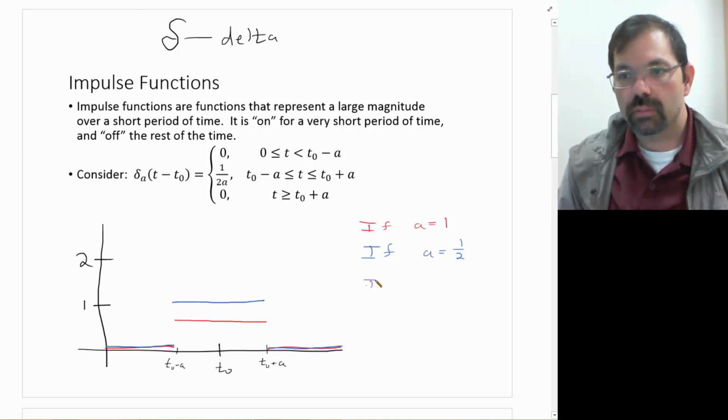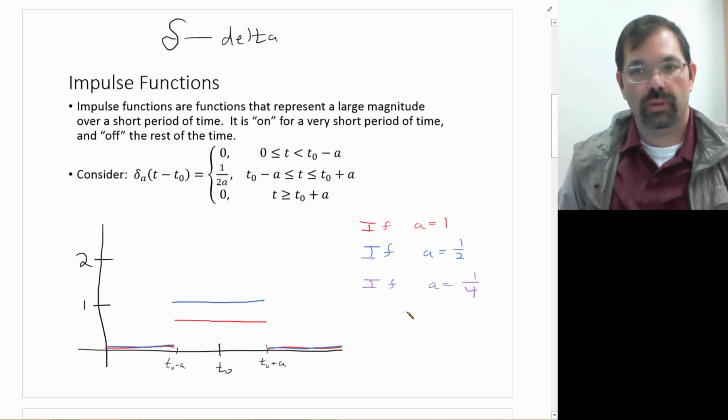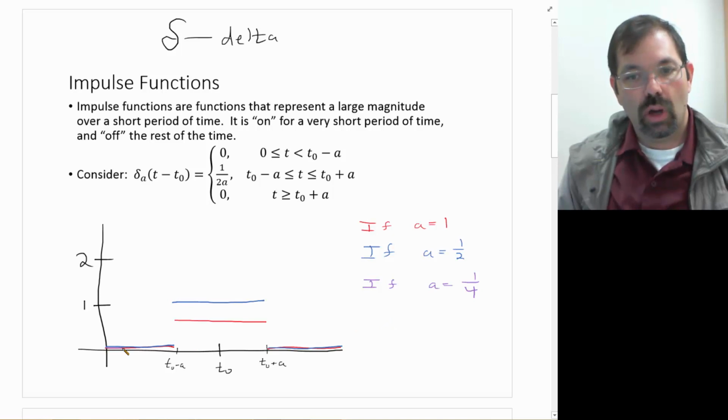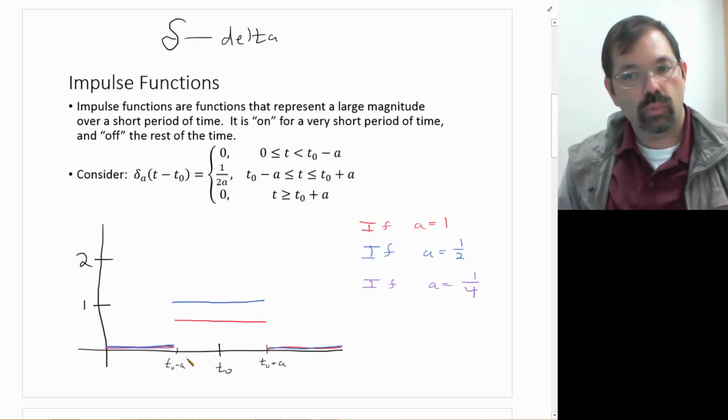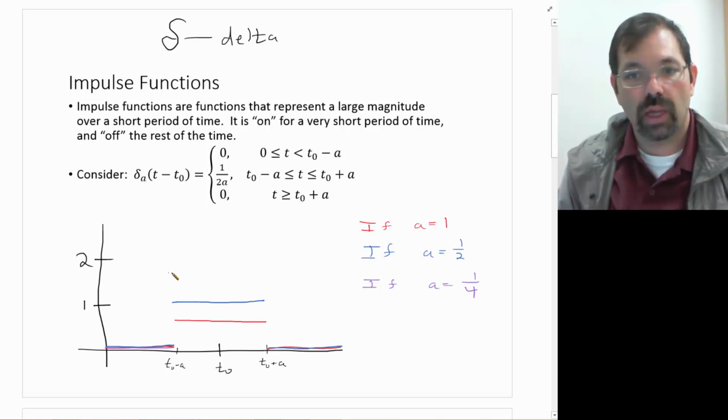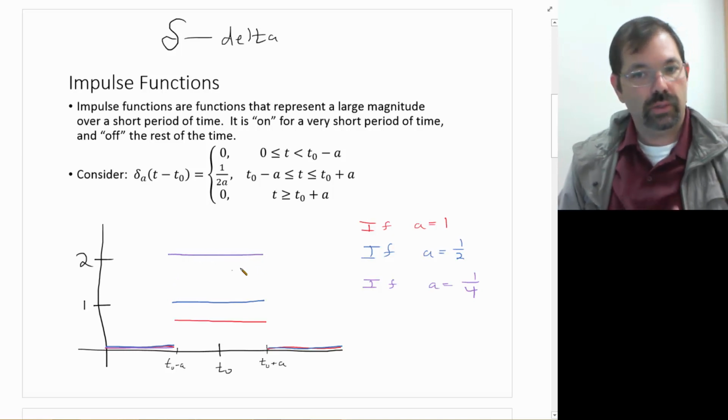And what if a was equal to 1/4 now? Again, it would be off to begin with, and then when it's on, we would have 1 divided by 2 times 1/4, 1 divided by 1/2, and that would become 2. And so then it's on.